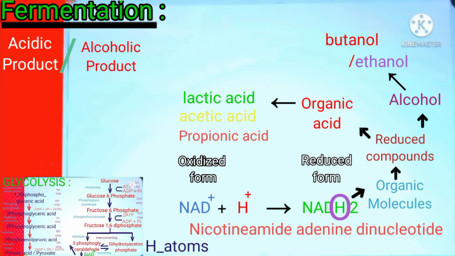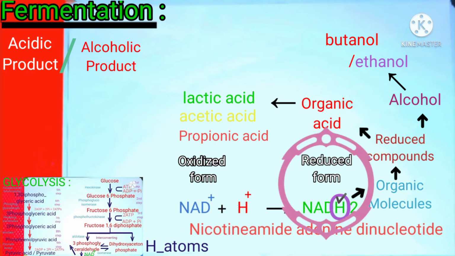So the fermentation process takes hydrogen atoms from the reduced form NADH2 that is produced during glycolysis, as you can see here in this glycolytic diagram.